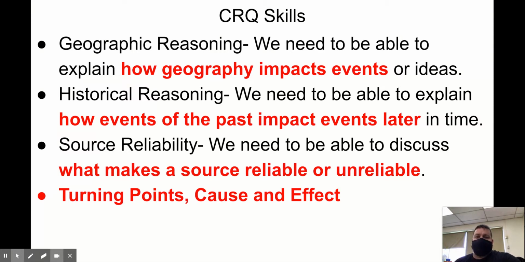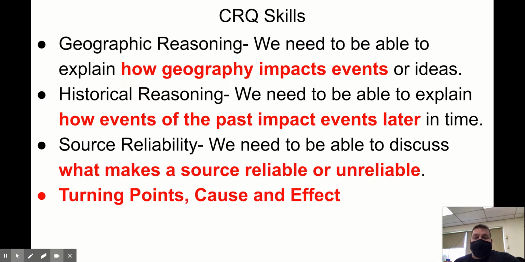For example, if we were doing a CRQ about river valley civilizations, we need to understand that the flooding of rivers is the reason why civilizations develop around there. That's geographic reasoning. We also need to understand historical reasoning. We need to understand how certain historical events impact events that come later, and how all of these things are connected.